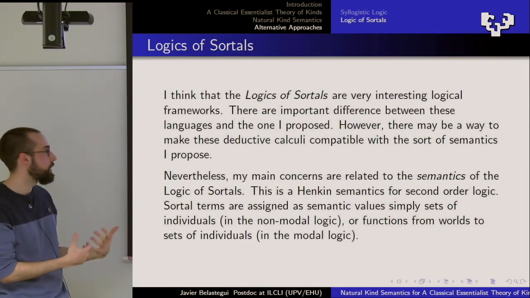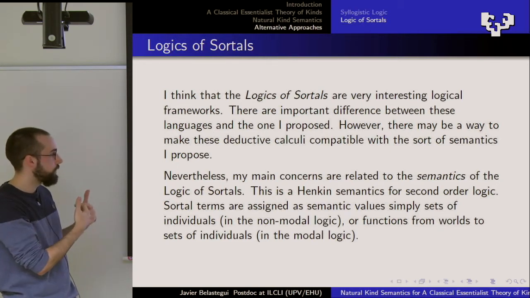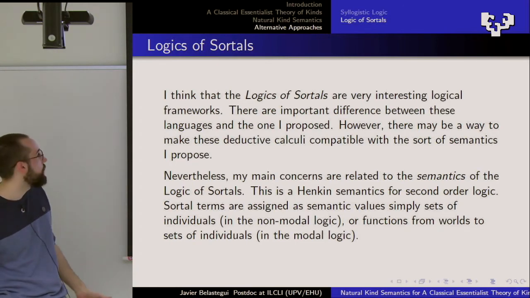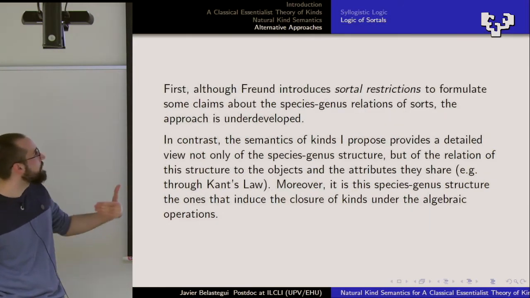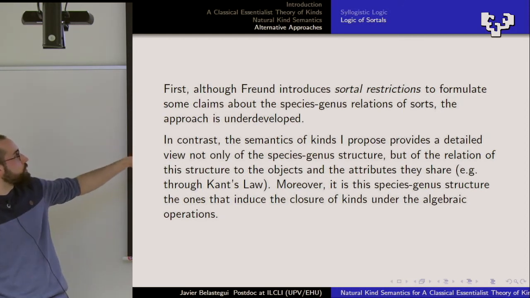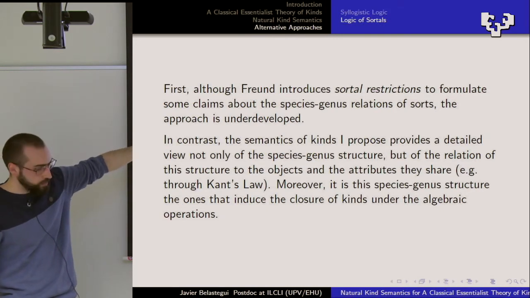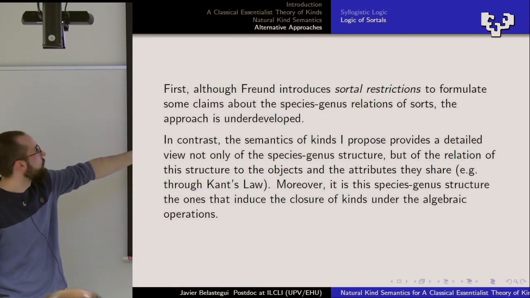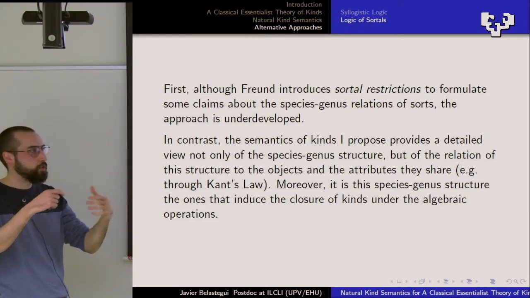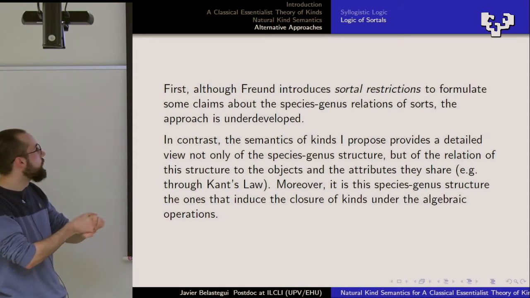So in this sense, it is less similar to what essentialists are talking about. And this has some consequences. For instance, Freud does introduce sortal restrictions, which can be used to talk about species-genus relations between kinds, but he doesn't say much about this, and it's not clear how interesting theorems follow from these formulas.